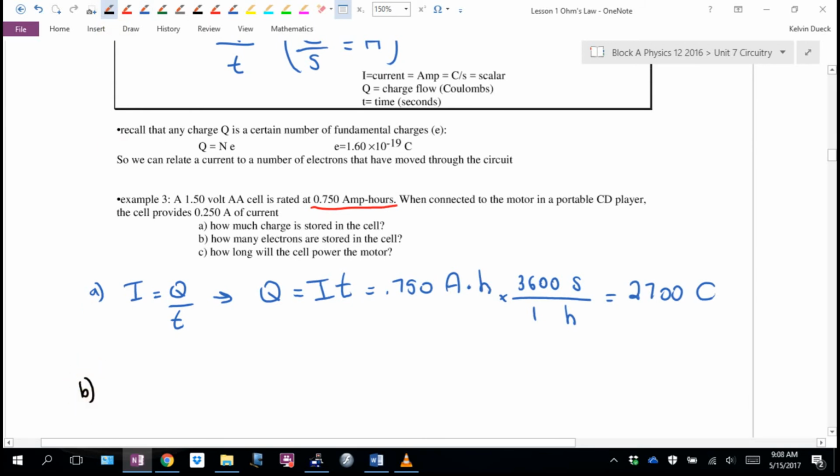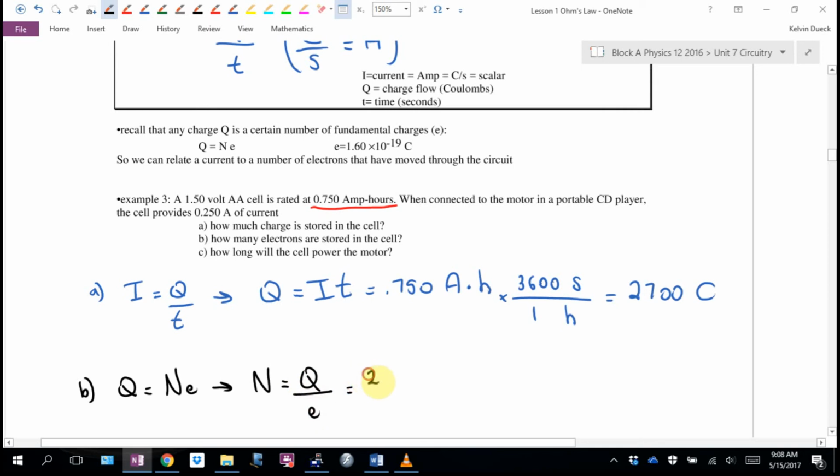How many electrons are stored in the cell? Well, I know that charge is the number of electrons, I'll use a capital N, times the elementary charge. So if I want to find the number of electrons, that's going to be the charge in coulombs divided by the elementary charge.